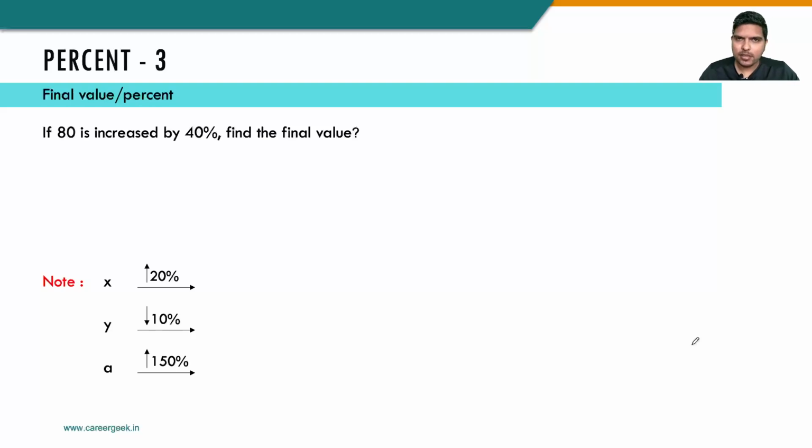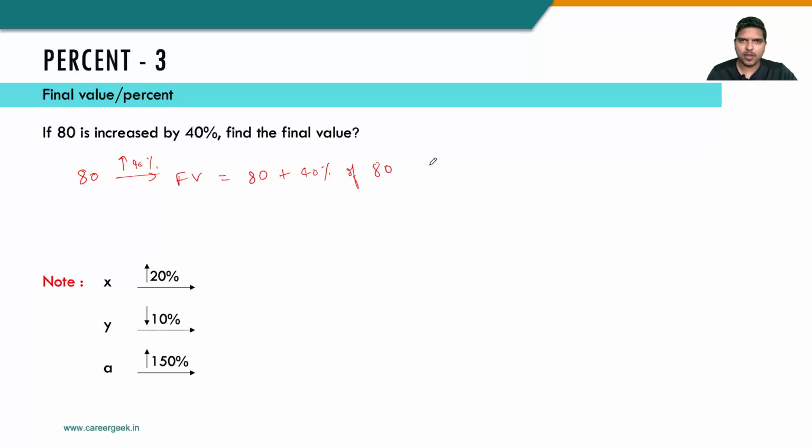Okay, so let us calculate a basic value. If 80 is increased by 40%, find the final value. How do you calculate the final value? The final value is 80 plus 40% of 80, right?